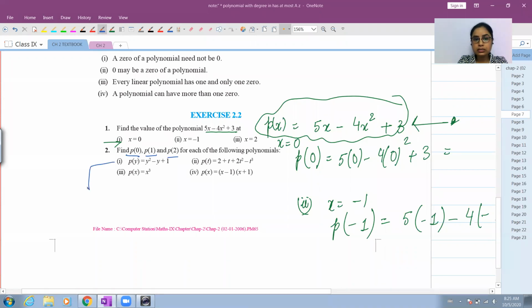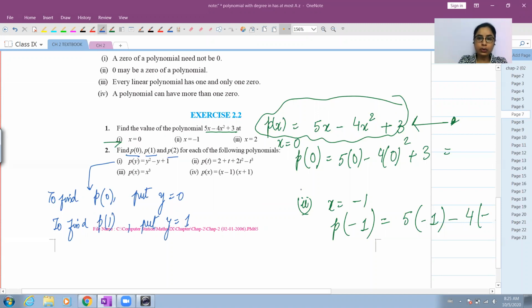So in the first part, you have P of y. To find out P(0), what we want to do is put y equals 0. Similarly, if you want to find out P(1), you're going to put y equals 1. And then the work will be similar to the question you just did.